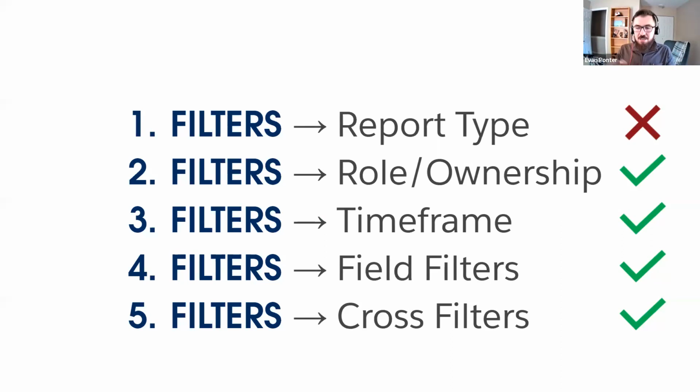We can adjust any of those filters at any point in our report building process. But the very first filter applied to our reporting results is the report type. It's critical in order to understand what our data set is going to be that we're working with as we begin to build our report. And what I want to emphasize here is you can have report types that are configured to have filters embedded within them.